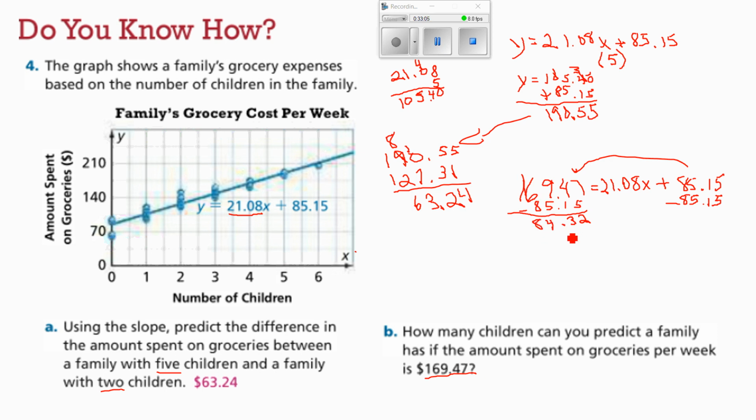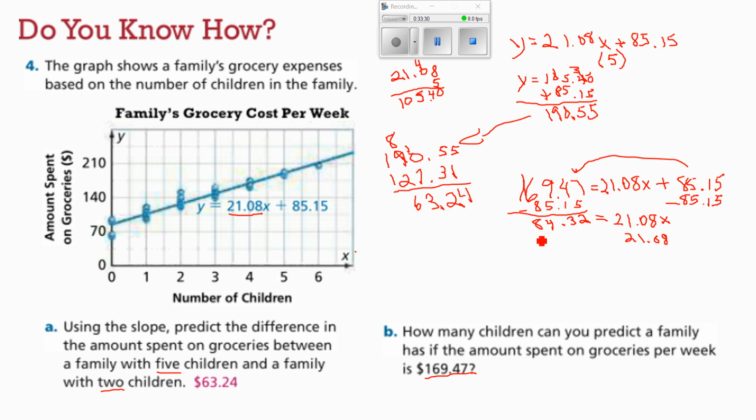So now I have $84.32 equals $21.08 times x. Now, much like before, what we learned, to get x by itself, I'll need to divide this by 21.08.